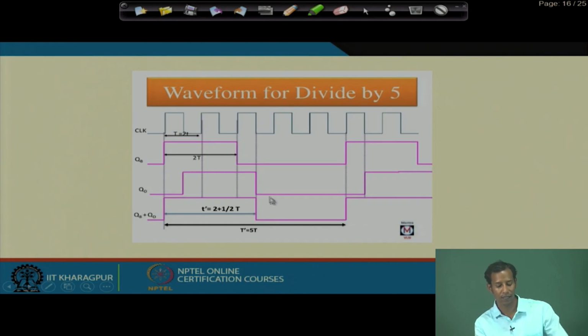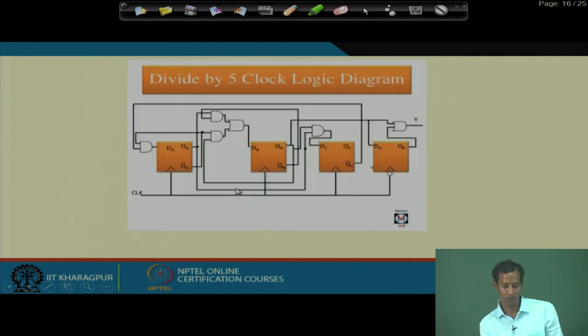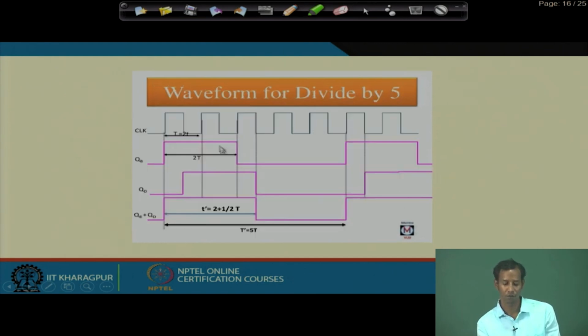So, the circuit is something like this. Here in this you are basically calculating, this is nothing but the mod 5 counter. Now, you have one extra amount of these gates, which will produce this divide by 5 with 50% duty cycle.